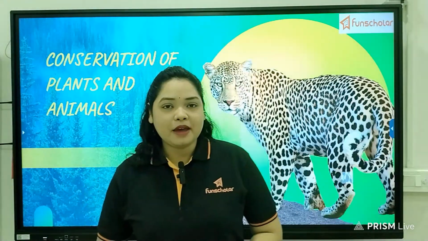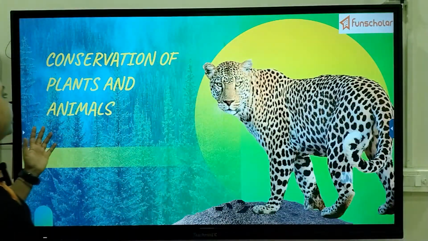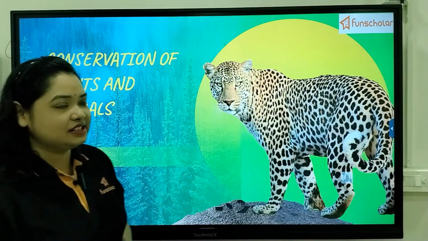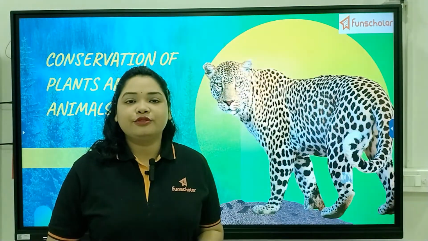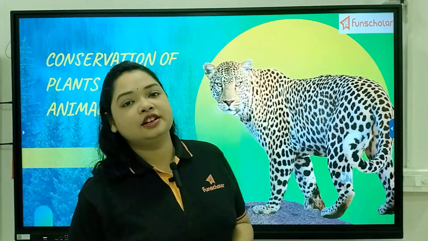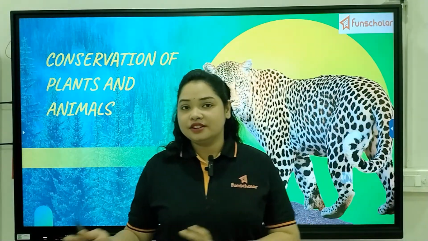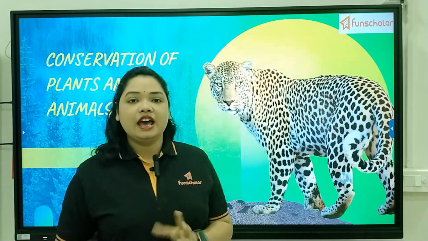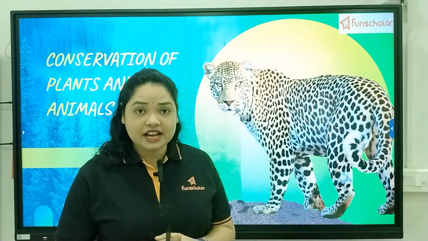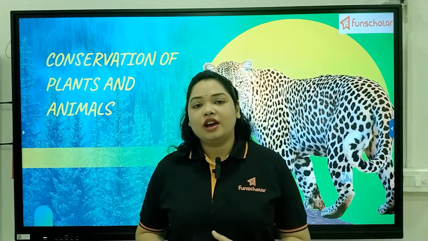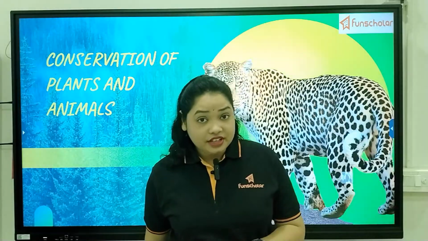So I, Shushmita ma'am, am going to explore another topic for you, that is conservation of plants and animals. This is the chapter for CBSE class 8. First of all, in this chapter, we'll learn about the term conservation, the difference between conservation and preservation, and then we will know about the various protected areas with national park, wildlife sanctuary and biosphere reserves, and what are their key features.